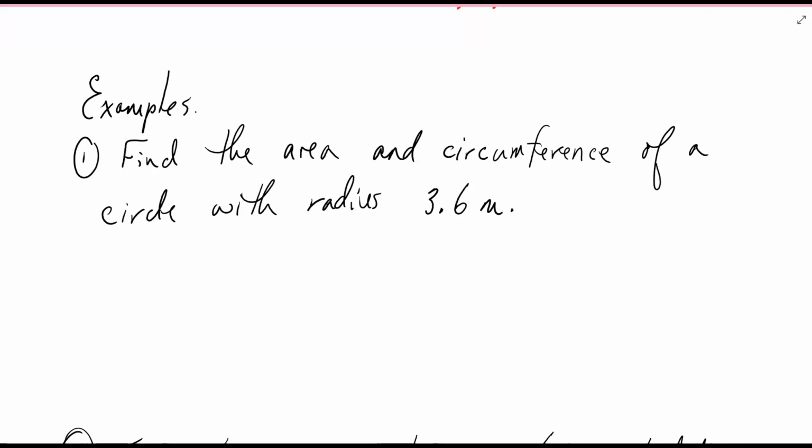Next, let's look at circles. Find the area and circumference of a circle with radius 3.6 meters. For a diagram, there's a circle. It has a radius, if I draw a straight line, 3.6 meters.